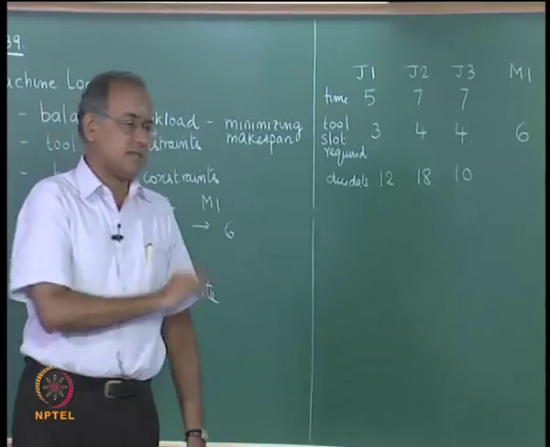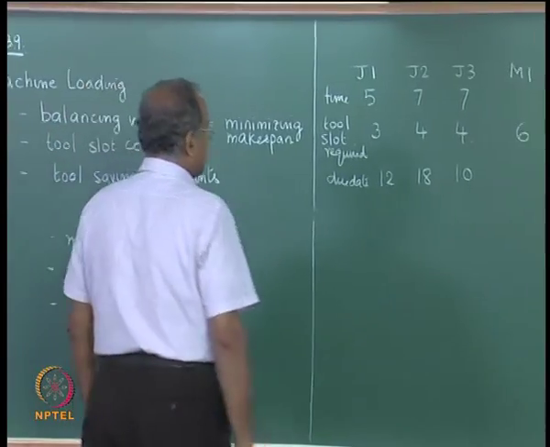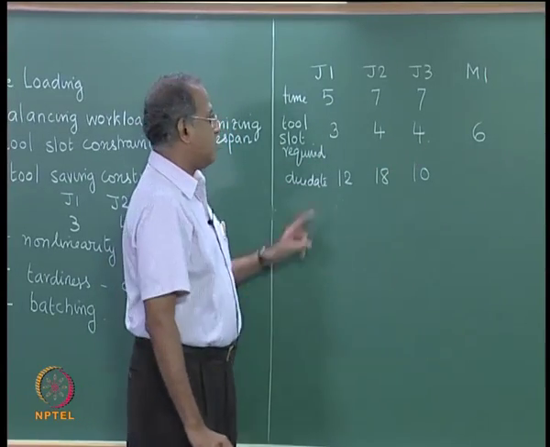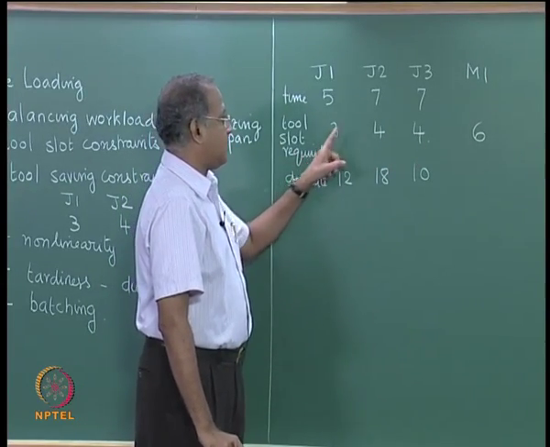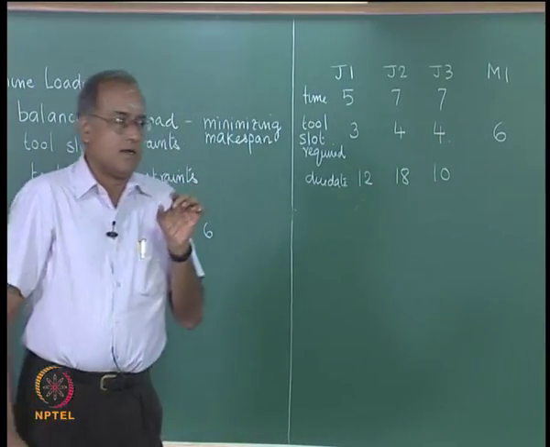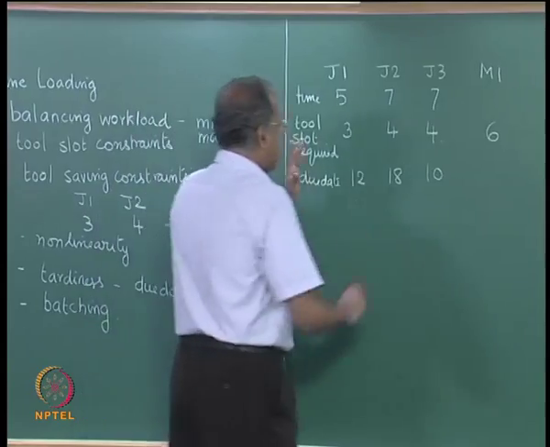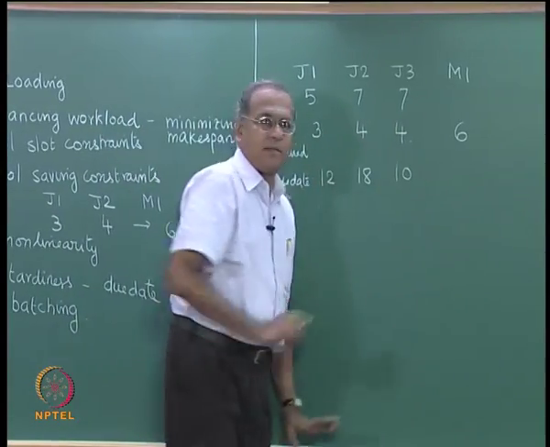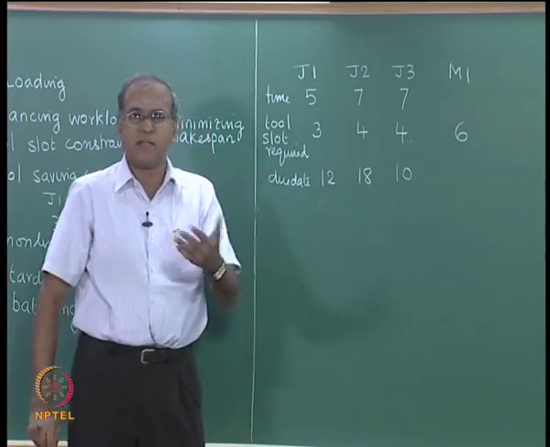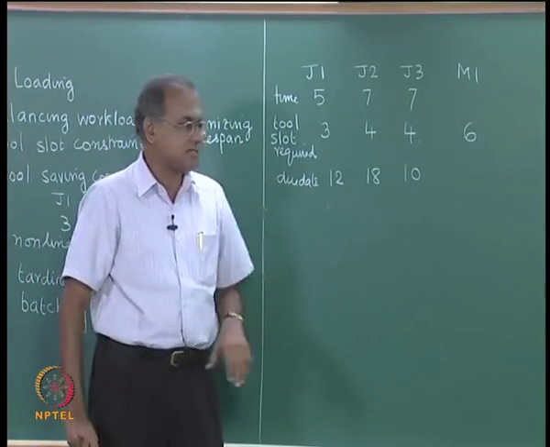Now, let us look at this issue. There are 3 jobs, there is a single machine, the tool slot requirements are 3, 4 and 4. So, we can assign only one job at a time, because if we assign 1 and 2, the requirement is 7 against a capacity of 6.